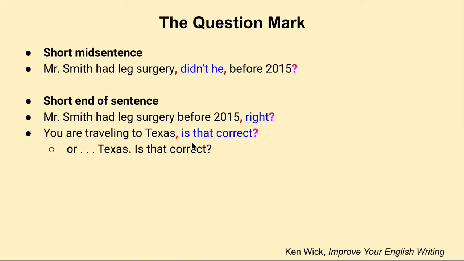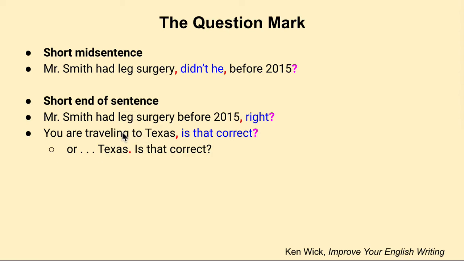So we have the option of putting a period here and treating this as really a statement and a question. How would you end a statement? You would use a period, and then you just use a question mark because this is a question. It's grammatically complete. It's a direct question, so you just use a question mark.